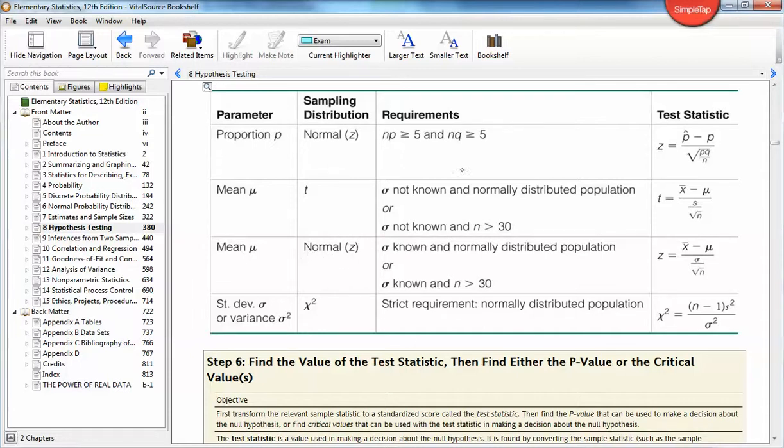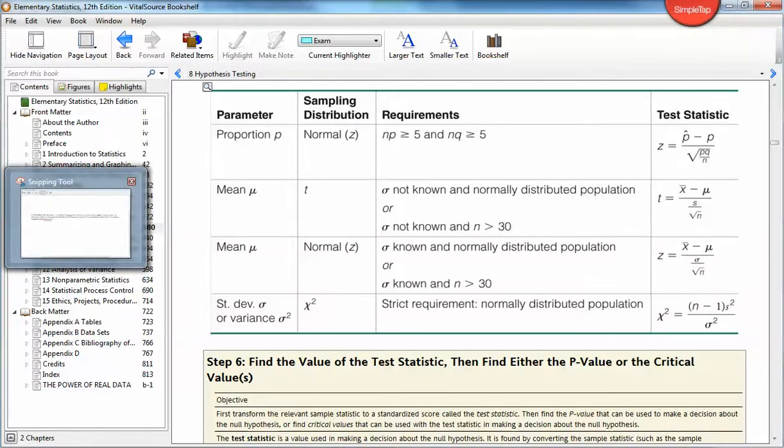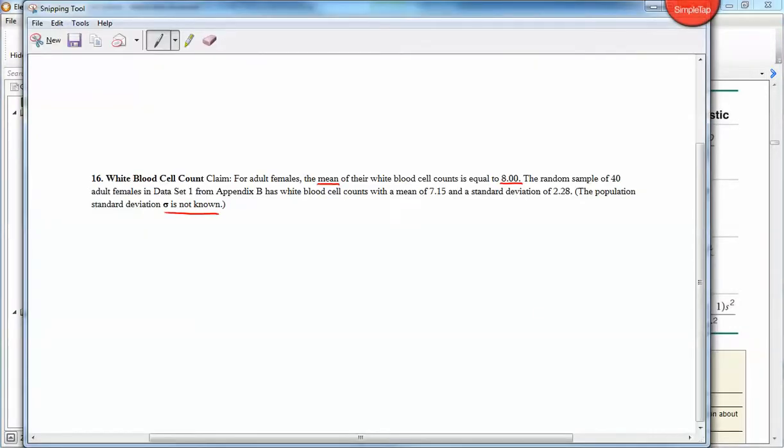If the standard deviation is unknown, then it is the t distribution. So, did our problem say it was known or unknown? Not known. So that means this is a t distribution. Some people call it a student t distribution.